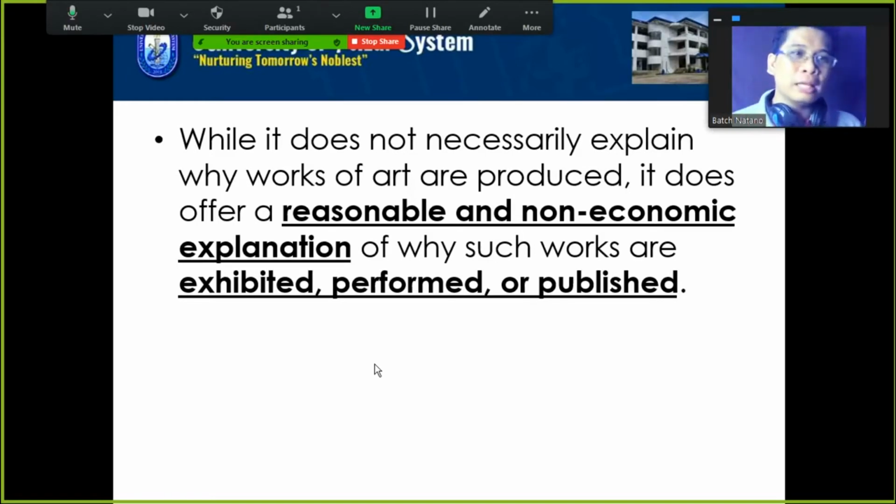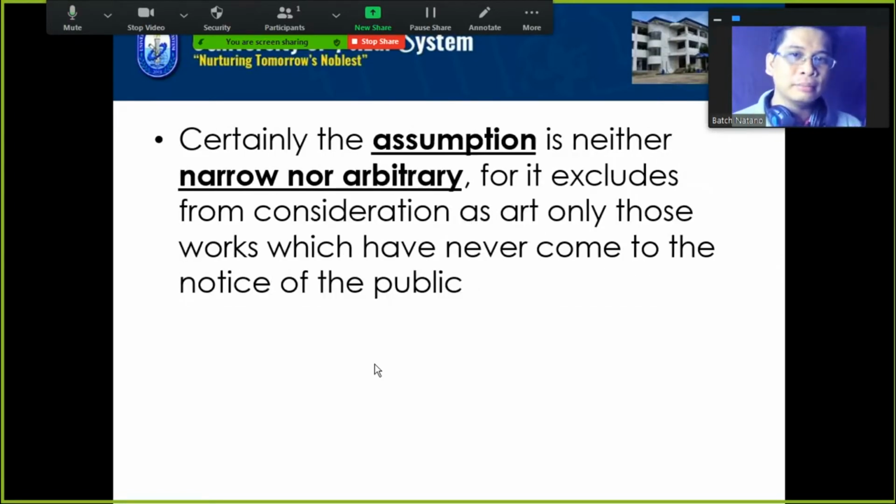Kung questionin man natin yon, it's already a way of connecting with the artist. If we weren't able to get it, there's a tendency for us to misunderstand the meaning of the message that the artist would like to express.